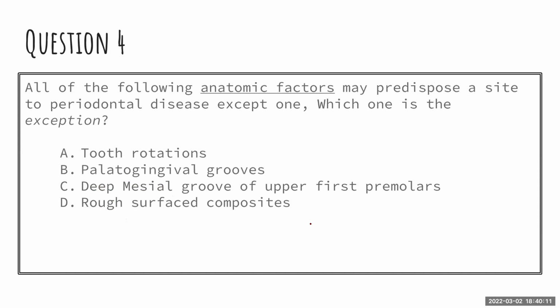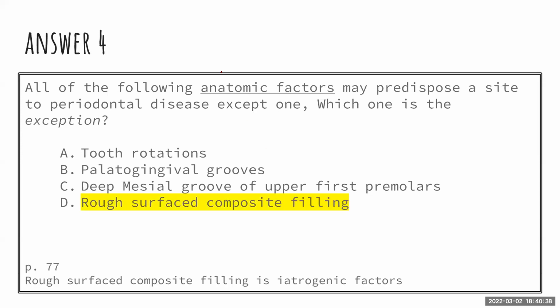All of the following are anatomic factors that may predispose a site to periodontal disease except one. Which is the exception? Anatomic factors. B. Okay, so this was a trick question.